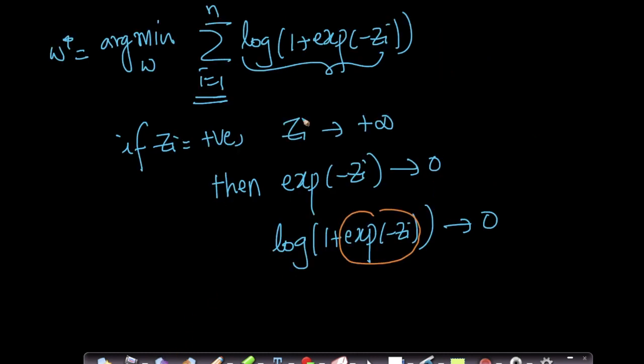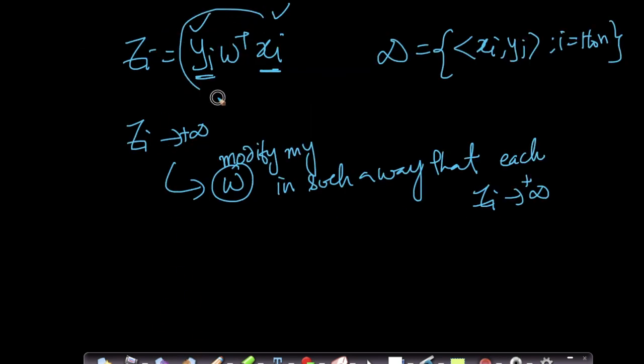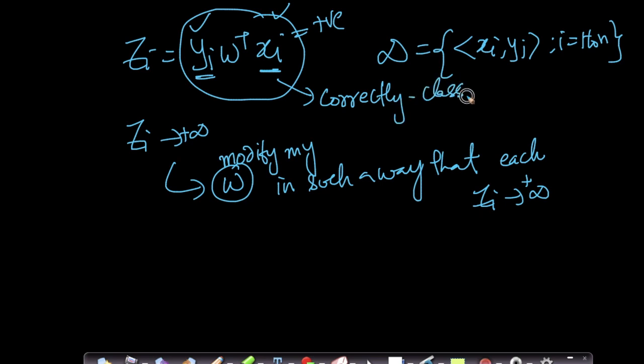And remember, when zi tends to plus infinity, it means it is positive. And what does it mean when zi is positive? If this is positive, it means my point is correctly classified, right? Because this is the signed distance. So when zi is positive, it means my point xi is correctly classified.